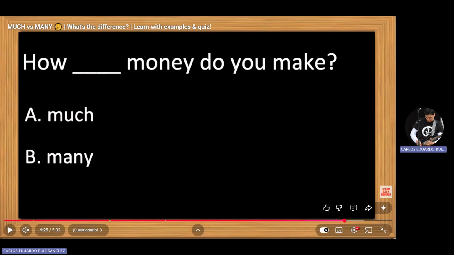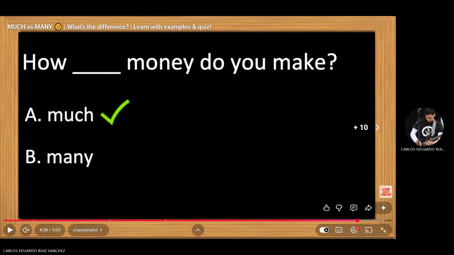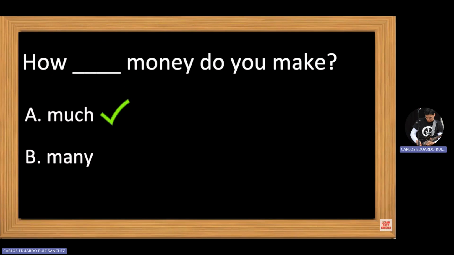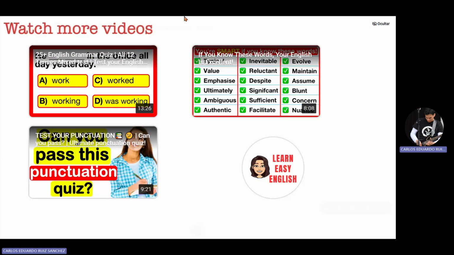And the last one. How much money do you make? ¿Mm? Can you count the money? No. We can count the bills, the coins, but not the money as an element, as a noun. So we use much. That's an easy video, students.